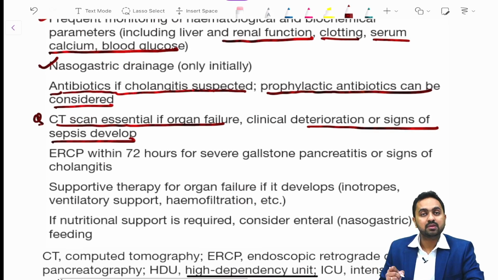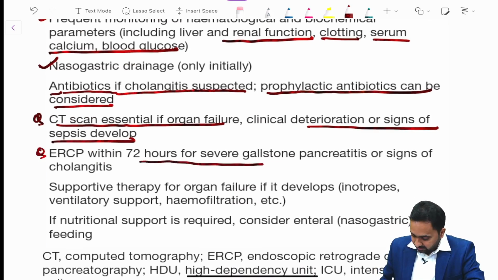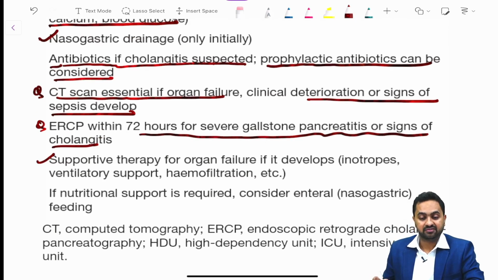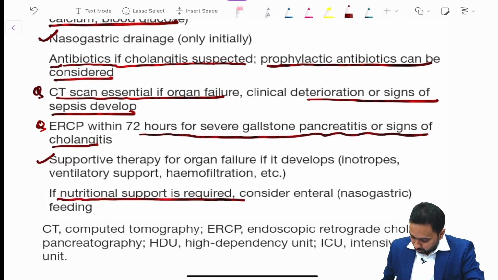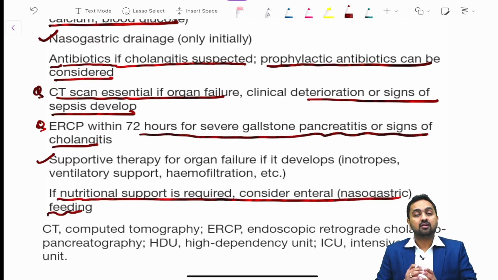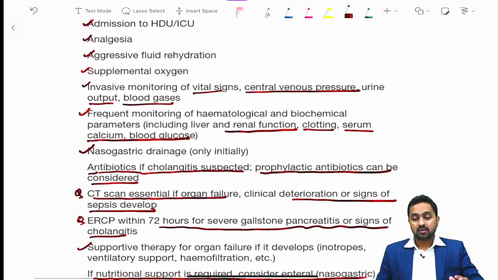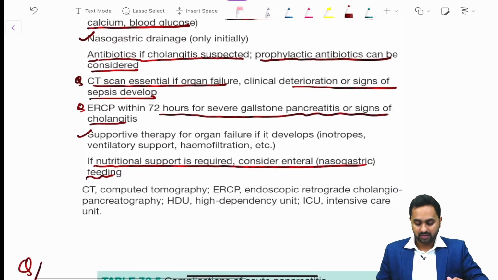Then ERCP within 72 hours of severe gallstone pancreatitis or signs of cholangitis. Then your supportive therapy for organ failure if it develops, and nutritional support is required, and we need to consider early enteral feeding or at least a nasogastric feeding, right. So, these are your early management guidelines of your acute pancreatitis.